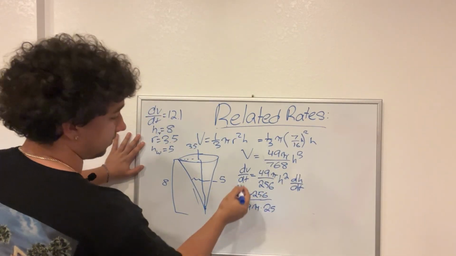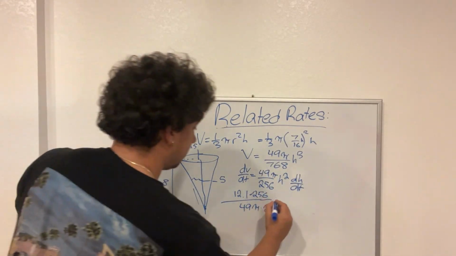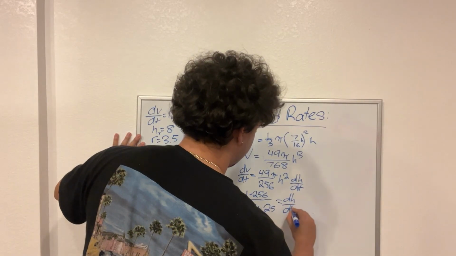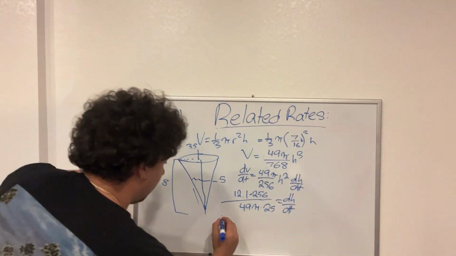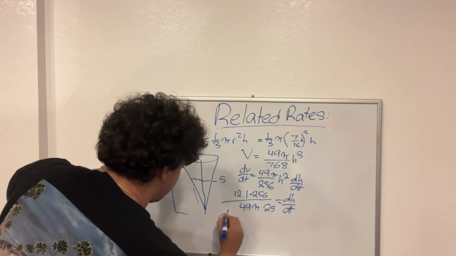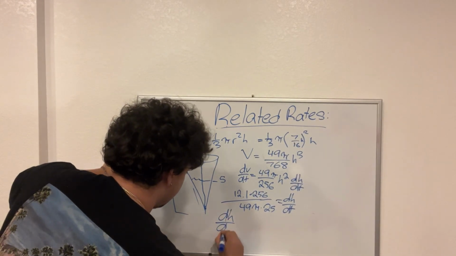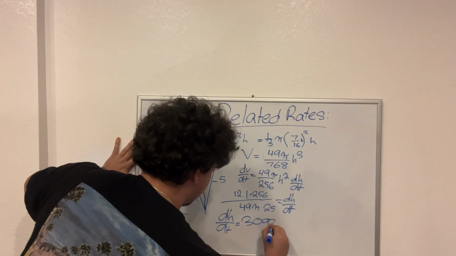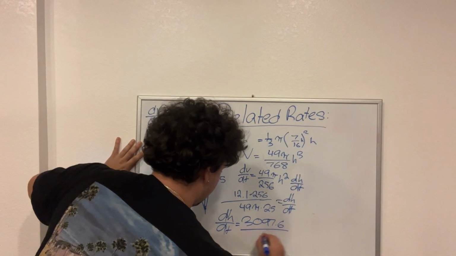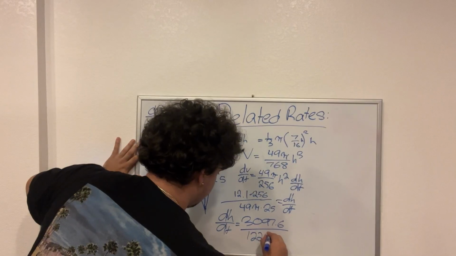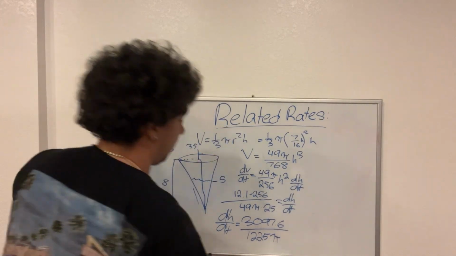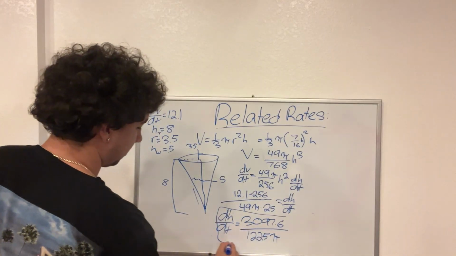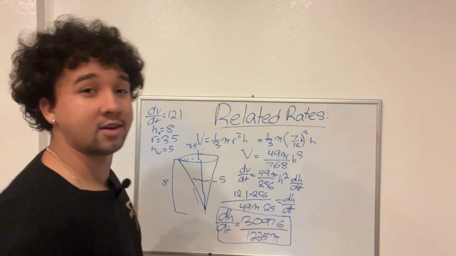So when I'm dividing, this part goes to the bottom, which is equal to dh/dt. And that means dh/dt equals 3097.6 all over 1225 pi. I'll leave it in those terms to give us the final answer of the day.